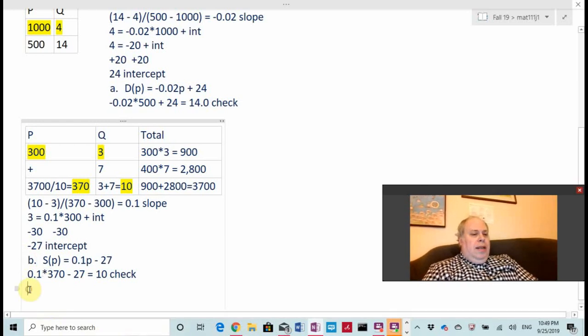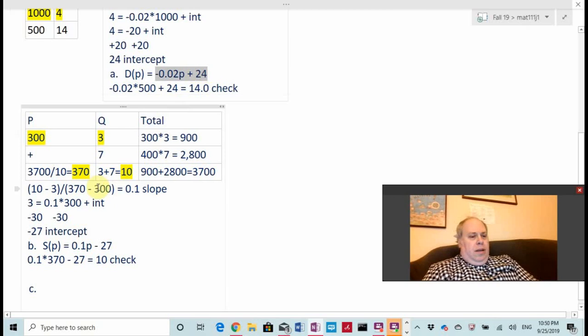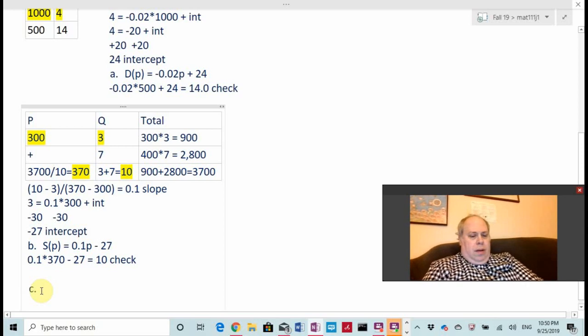So now, to get part C, we set our two formulas equal to each other. We get the formula for demand, so we find the P where this quantity equals the supply function formula.